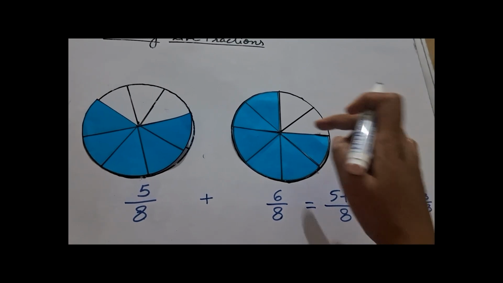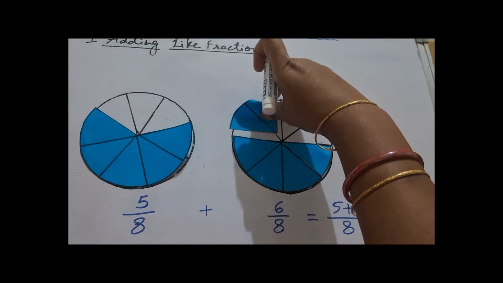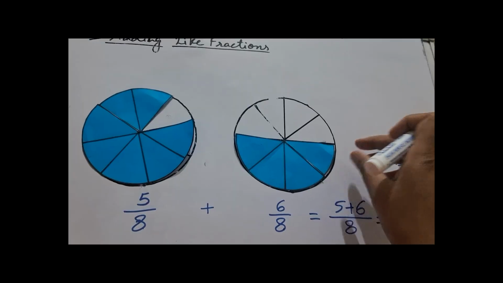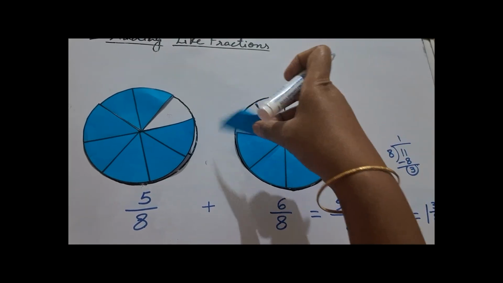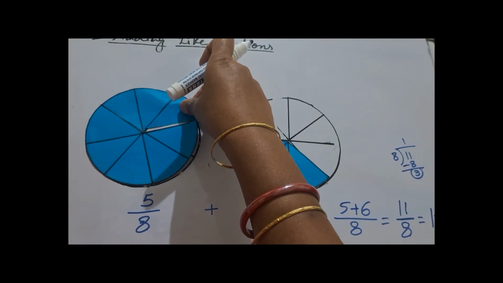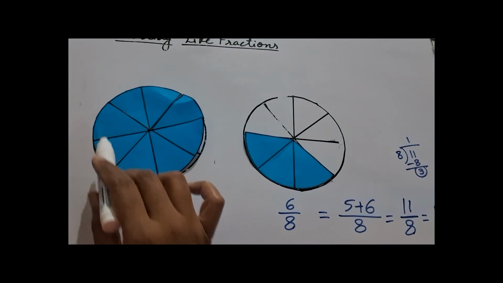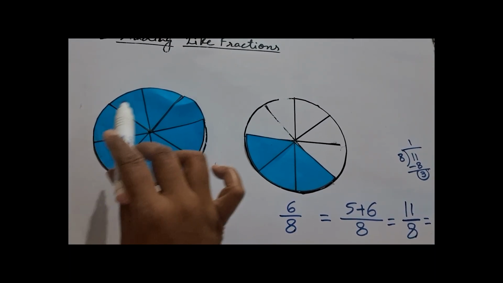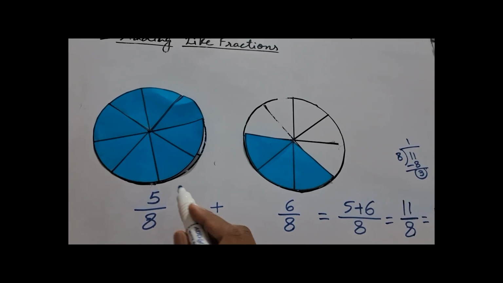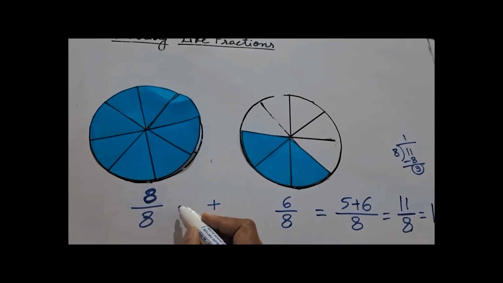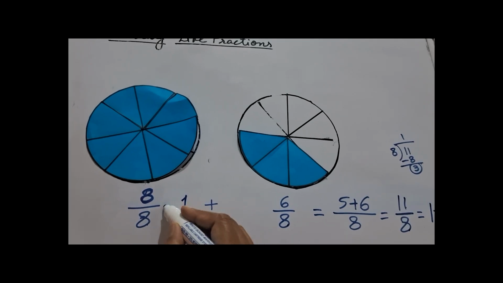Now this full circle has become one whole part. This is 8, now it became 8 by 8. That means it has become one whole part.